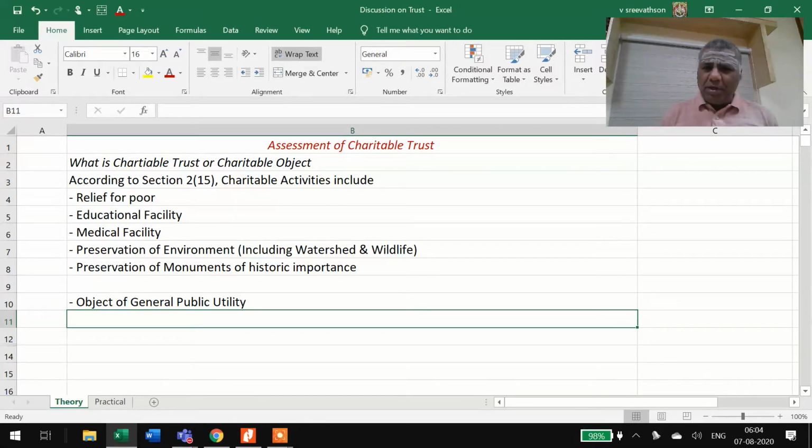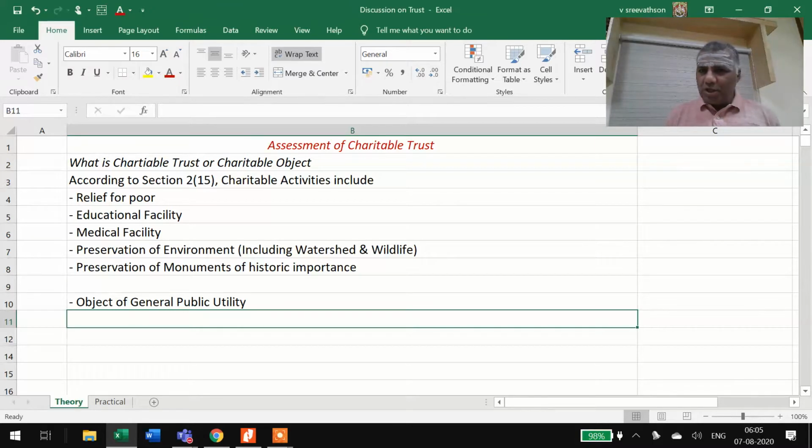Preservation of monument of historic importance: Archaeological Survey of India takes over Tanjore Temple, Madurai Temple. I have left a particular line wantedly to make you understand, appreciate something.